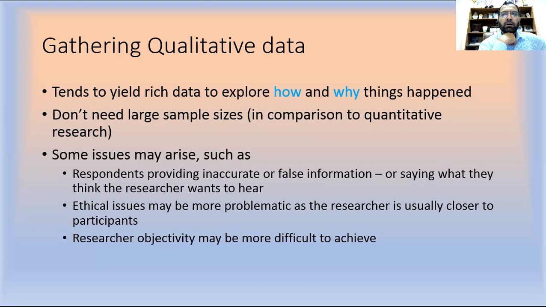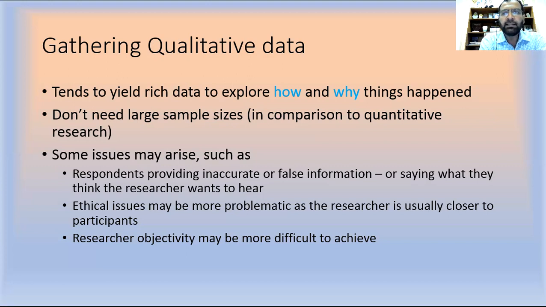But here, instead of going for large data sets, we go for a small sample size compared to the quantitative methods. There are a few issues which might arise, such as, number one, the respondents providing inaccurate or false information, or saying what they think the researcher wants to hear.